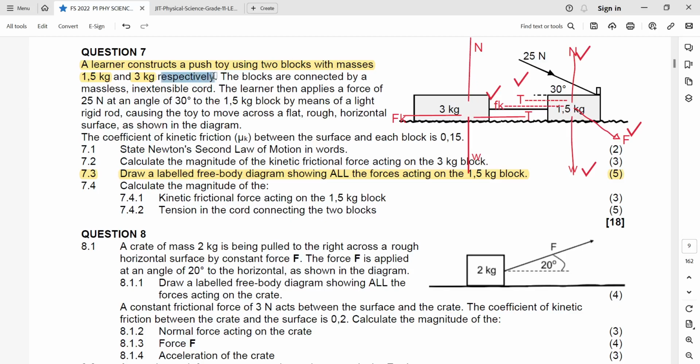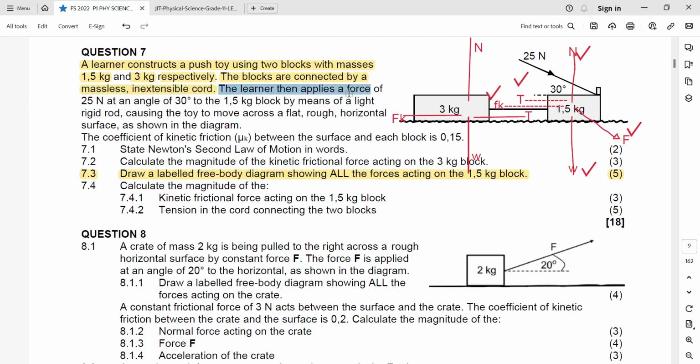There is always English that is important, and if you fail to see its importance, then you will fail to understand. Okay, now the blocks are connected by a massless, which means it doesn't have an effect, inextensible cord or a string.